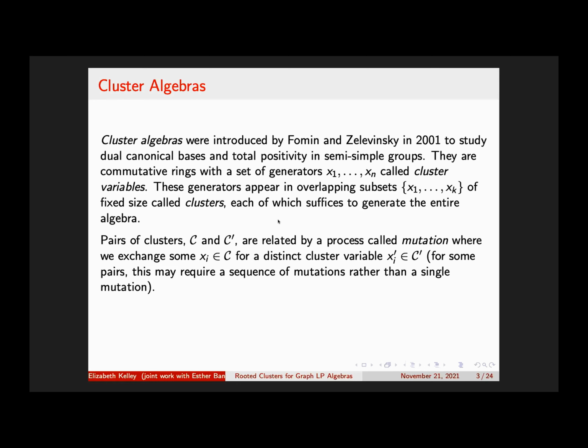So if I have a cluster that looks like x1 through xn, I can do this at any cluster variable. So there are n ways to mutate this cluster. And to reach an arbitrary other cluster, I may not be able to do that in a single mutation. I may have to do a sequence of these mutations.